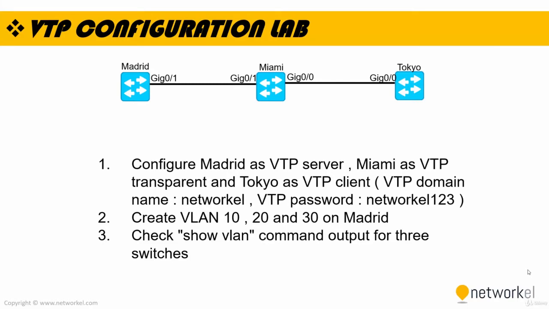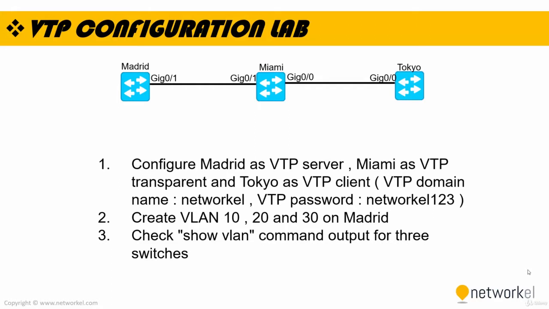The VTP domain name will be network.el, and our VTP password will be network.el123. Then we need to create VLANs 10, 20, and 30 on Madrid and check the show VLAN command output for 3 switches.